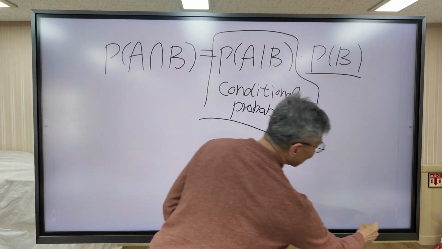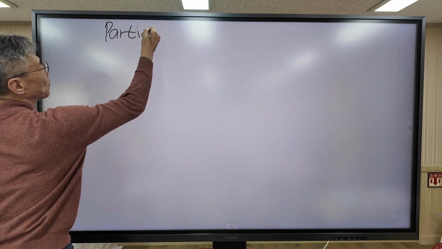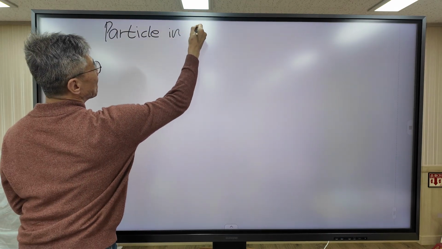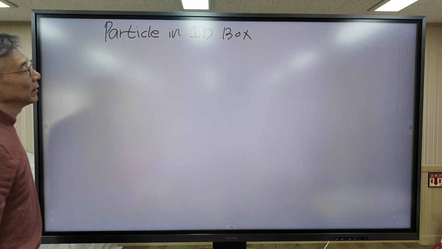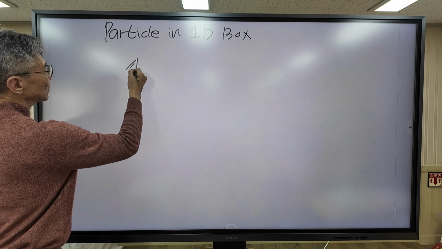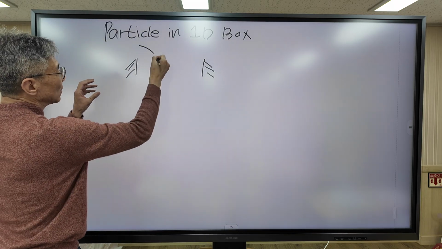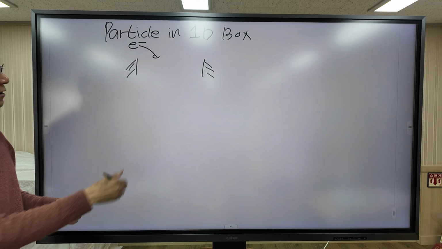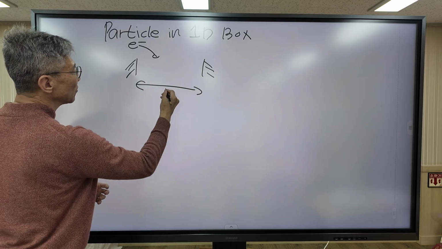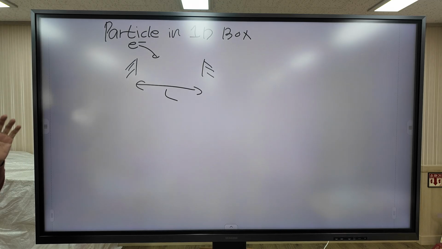Now I'm going to explain the particle in a one-dimensional box. As you know, this is a one-dimensional box. Here, the electron is inside the box, and the length of the box is L. This situation is very similar to the H2 plus molecule.